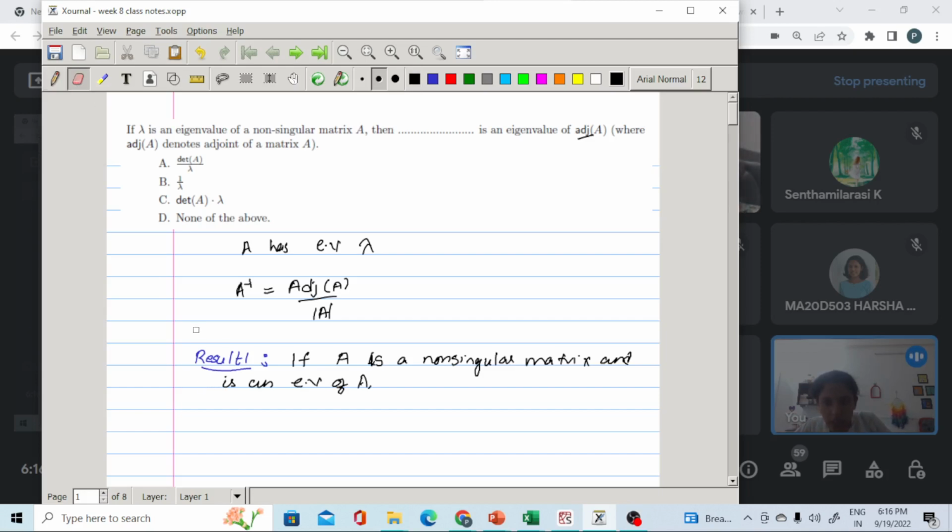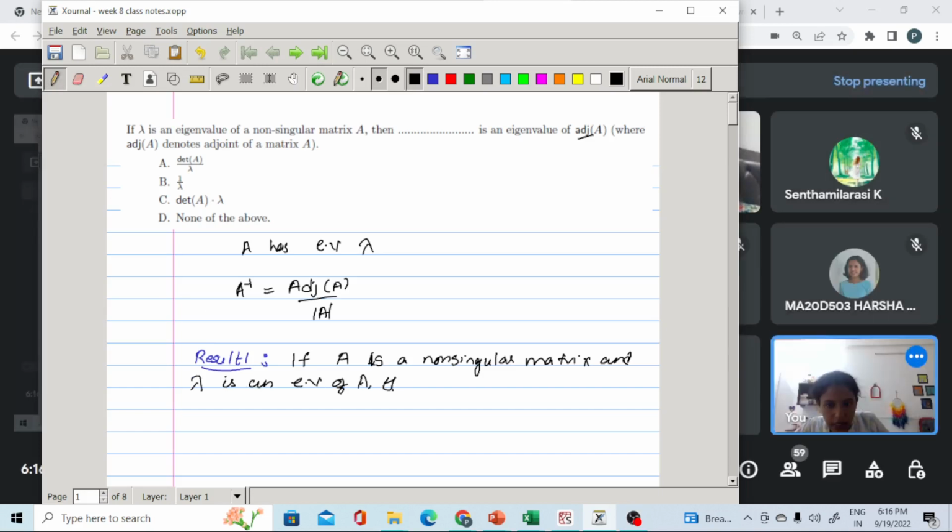Lambda is a non-zero value, so 1 by lambda exists. And this 1 by lambda will be an eigenvalue of A inverse.